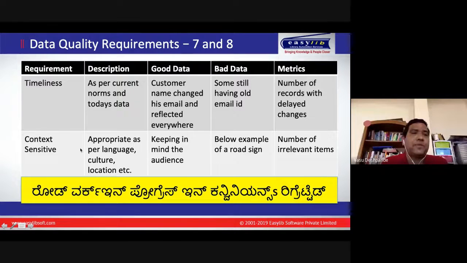And the last one I added is context sensitive, right? Here is one example. Those who can read this Kannada can see this. It says, road work in progress, inconvenience regretted. This is a board. I even took a picture. There was a construction going on, and this board was put in Kannada somewhere. Now imagine this.